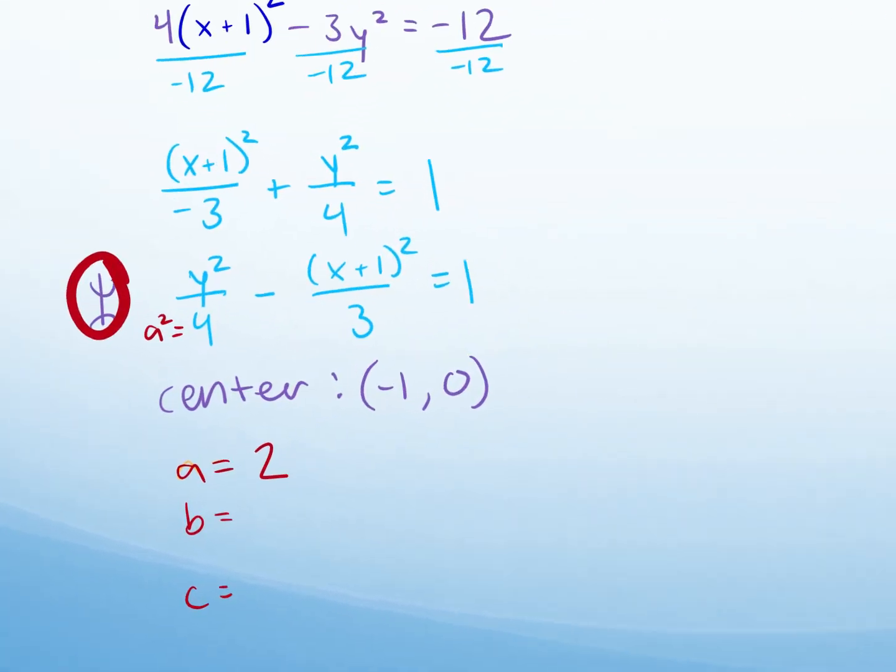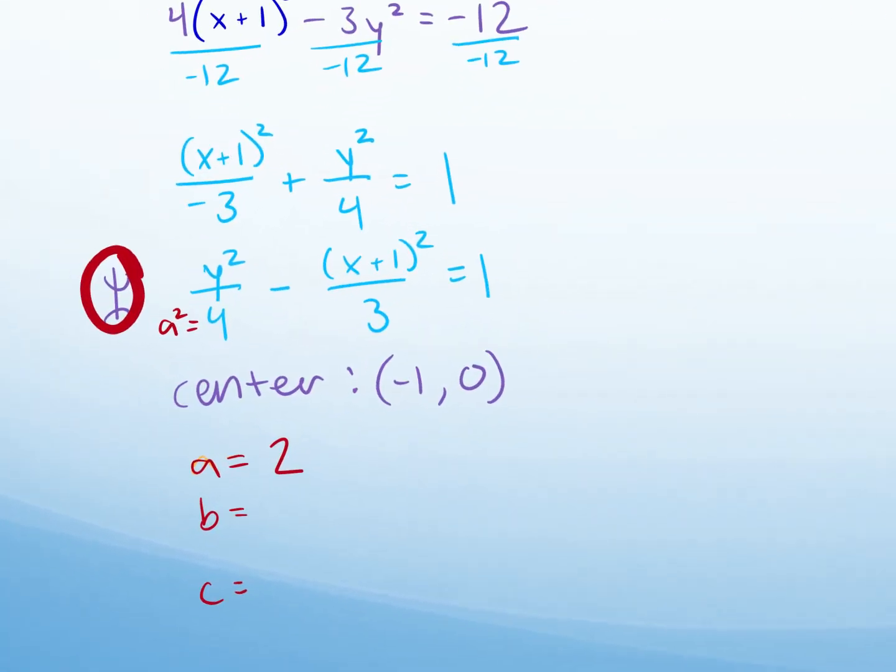All right, next let's find our B. So B squared would be 3. So just B would be square root 3. Square root 3 is about what? 1 point something. We'll say 1.5. It's going to be in between 1 and 2. Say 1.5-ish.